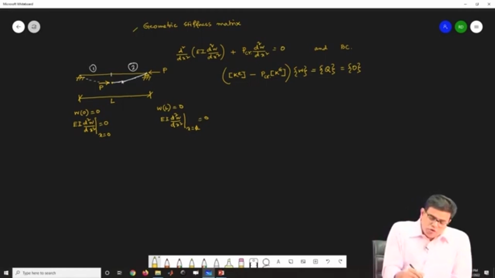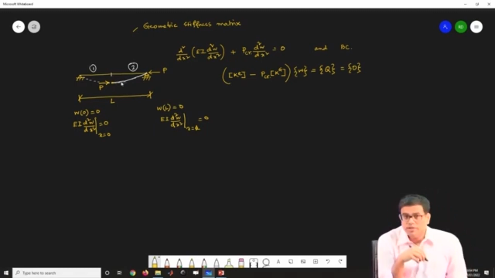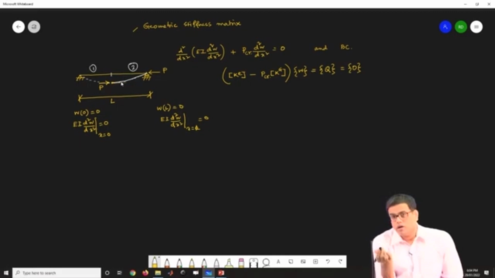And what will be the boundary condition here? Naturally here we know the slope is 0, right. So, slope will be 0. That is our boundary condition.